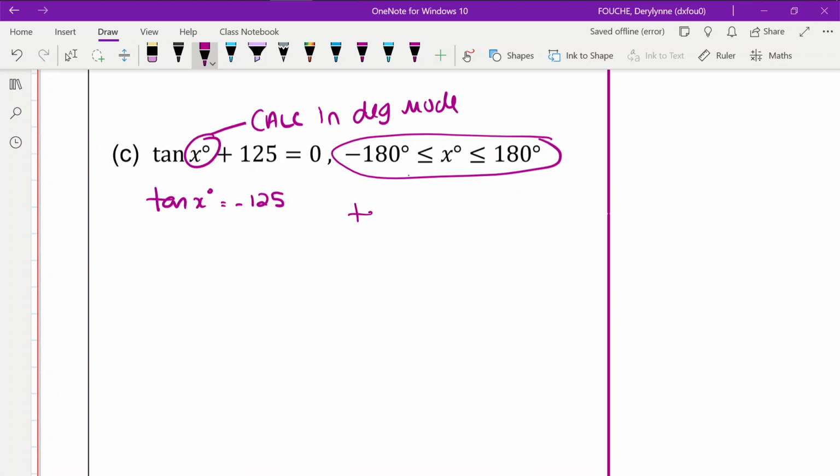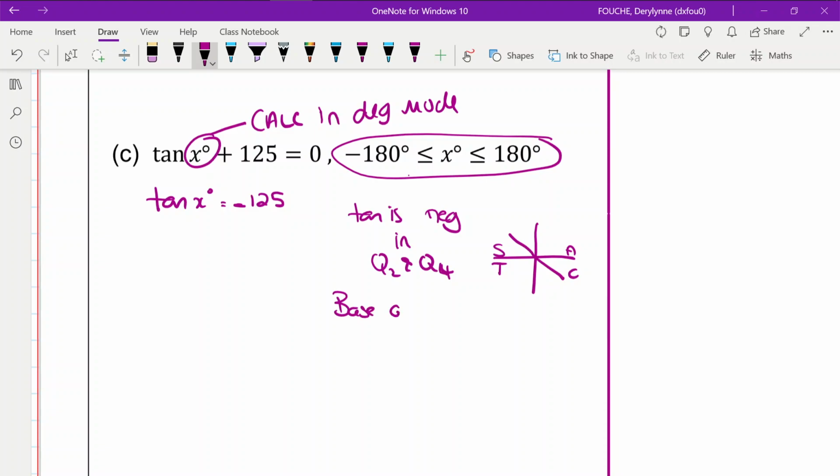So tan is, and this thing's negative, in which quadrants is tan negative? I look over here and I say, okay, cool, quadrant 2 and quadrant 4. And my base angle is just going to be inverse tan of 125.